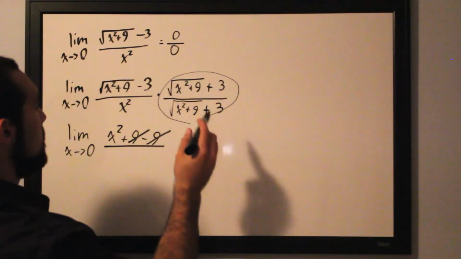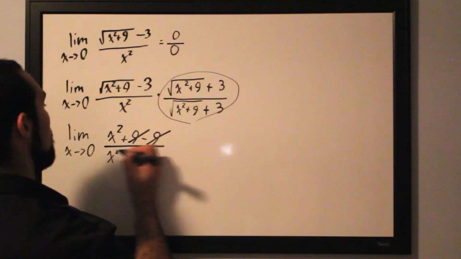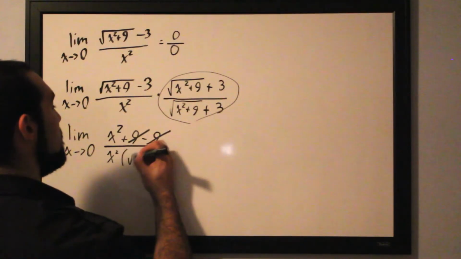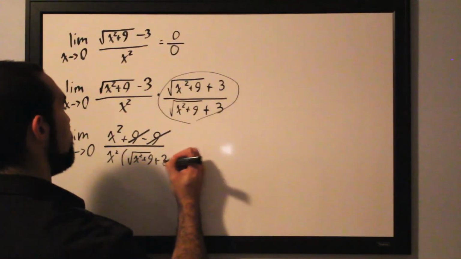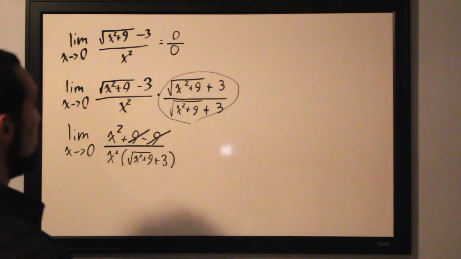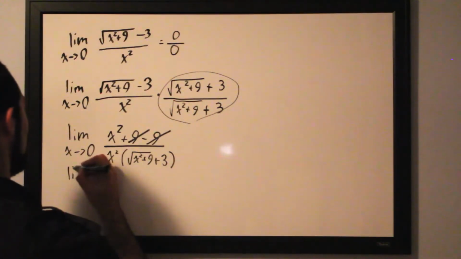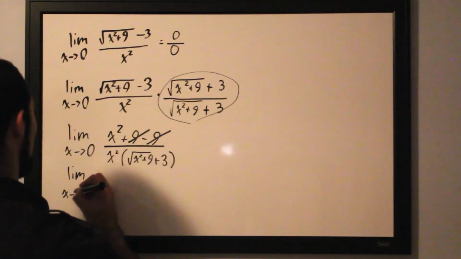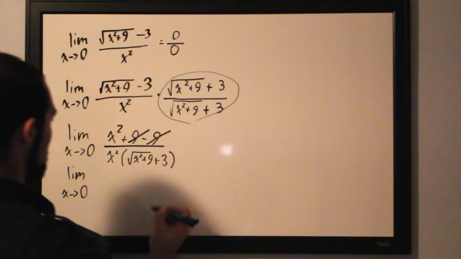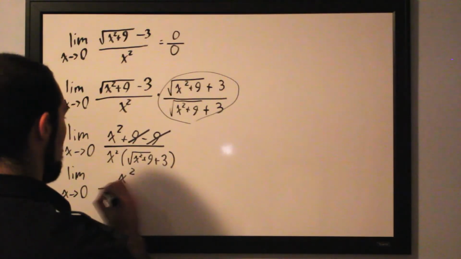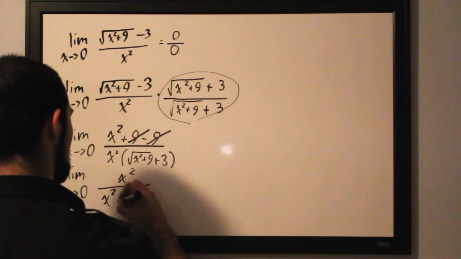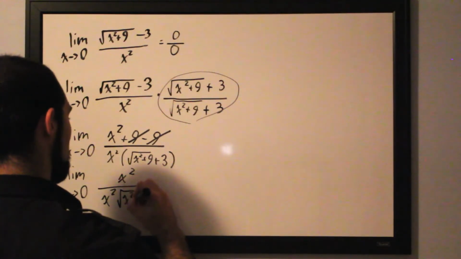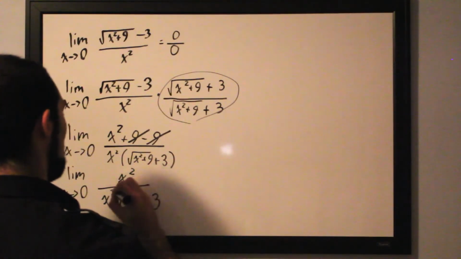And then here you're going to be distributing this, so it's going to be x squared multiplied by the square root of x squared plus 9 plus 3. So we're going to rewrite this, make it a little bit cleaner. Limit as x approaches 0 for x squared over x squared times the square root of x squared plus 9 plus 3, all in brackets.